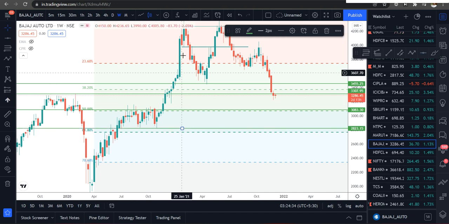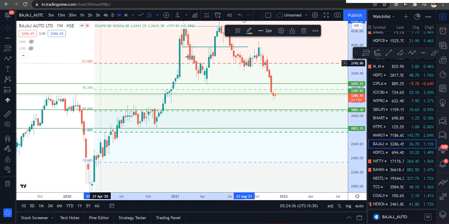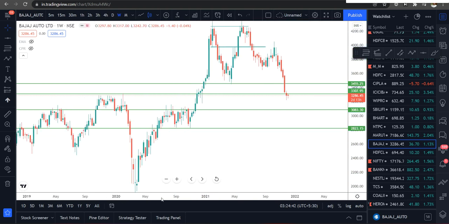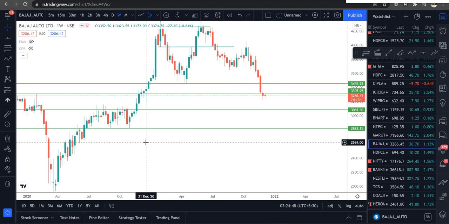See, if I take out this Fibonacci series, this is the beauty of Fibonacci that matches with the normal support and resistance, that gives you better clarity, and you can decide whether you need to buy or not based on the candlestick pattern you are getting at that place.